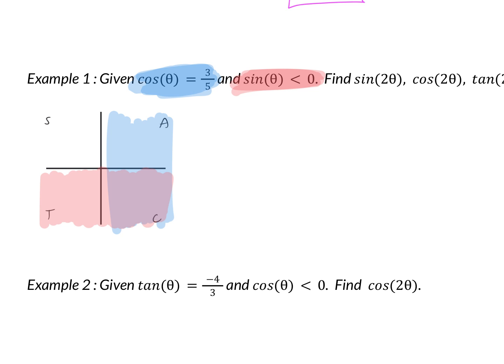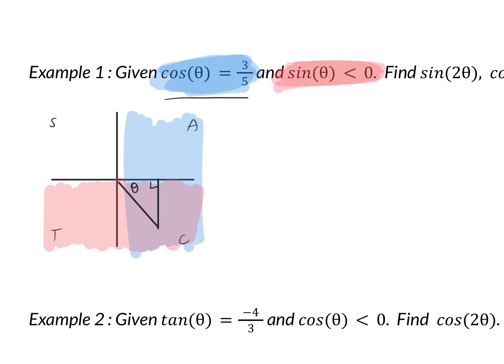Okay, so in the 3rd quadrant there, it says that cosine of theta is 3/5. So if I draw my right triangle here, remember when I draw my right triangle, I always draw the triangle to what? The x or the y-axis? The x-axis. So this is a right angle. We're going to call that theta right there.